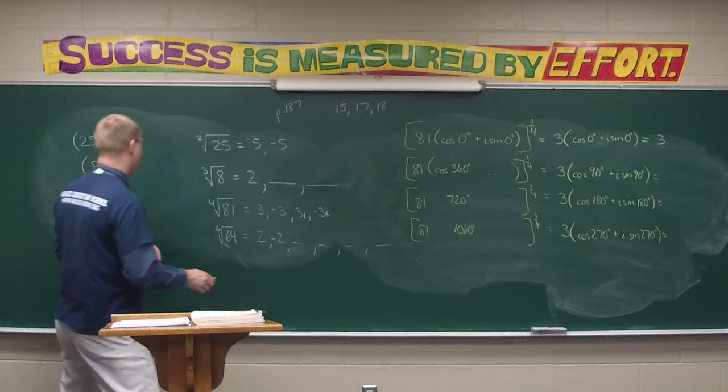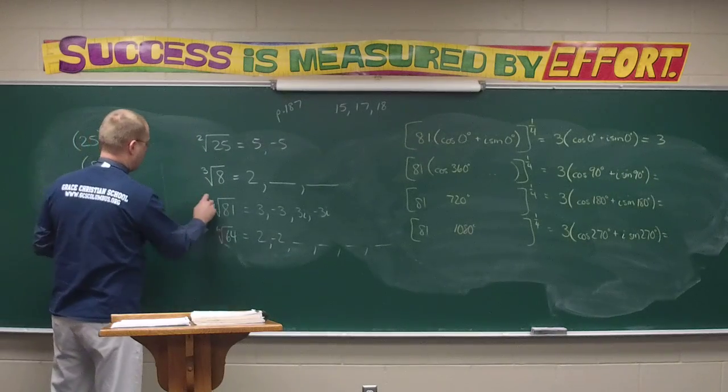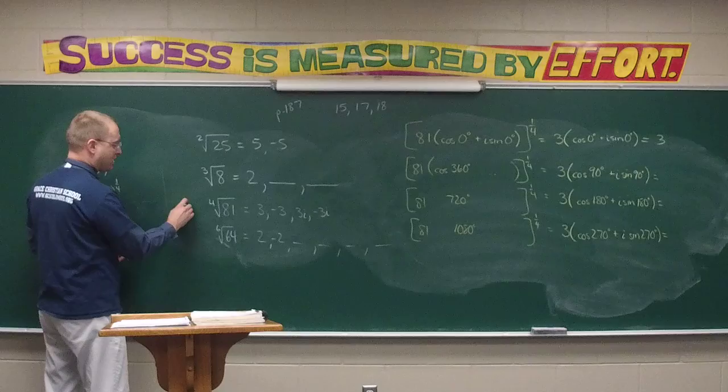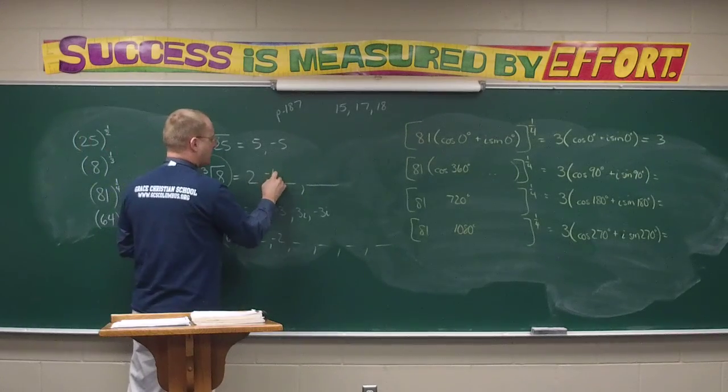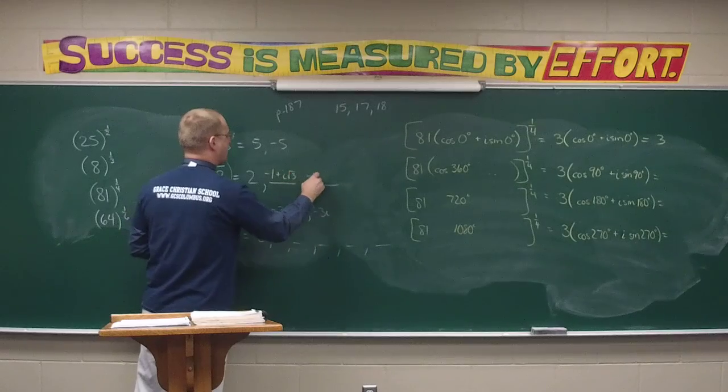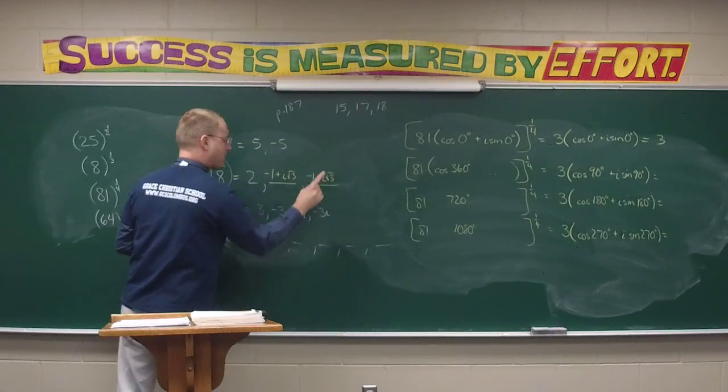In fact, if you were to graph them, right, that last one, remember, was the cube root of 8, right? We said it was -1 plus i square root of 3 and -1 minus i square root of 3, remember?